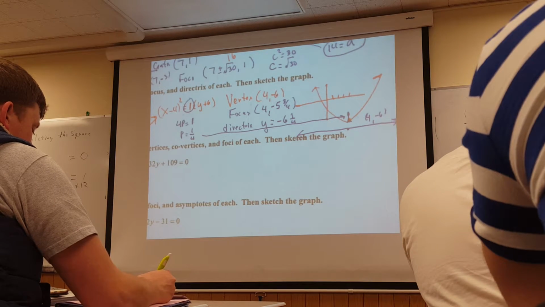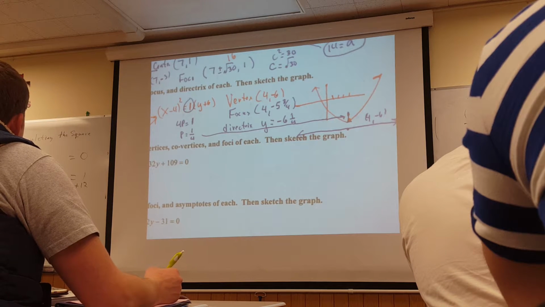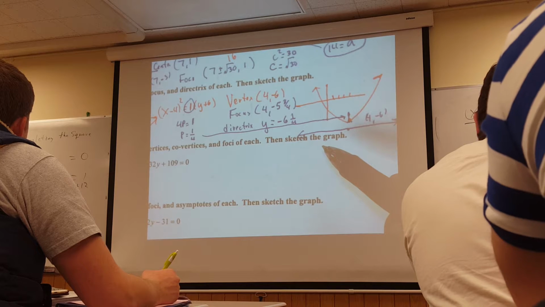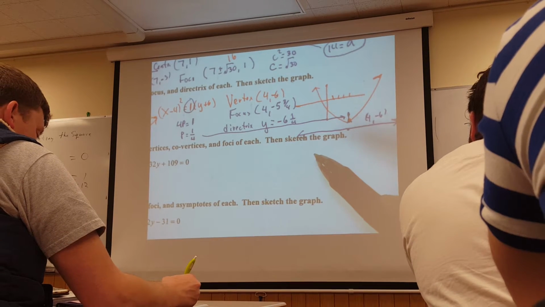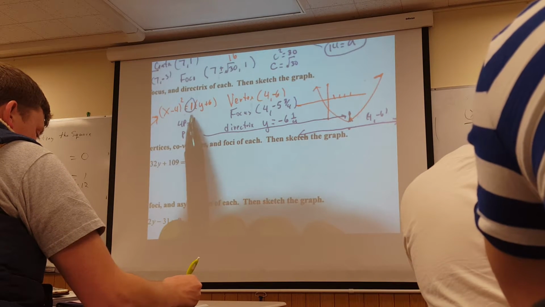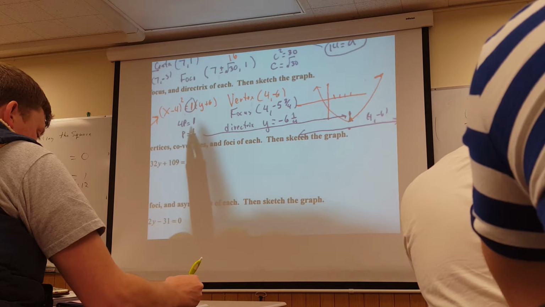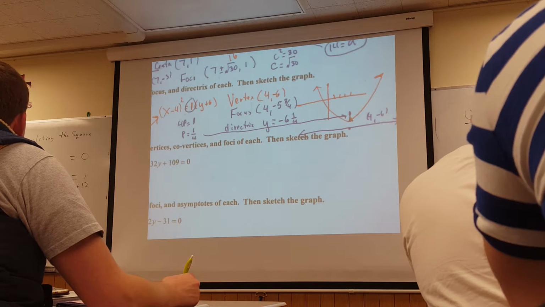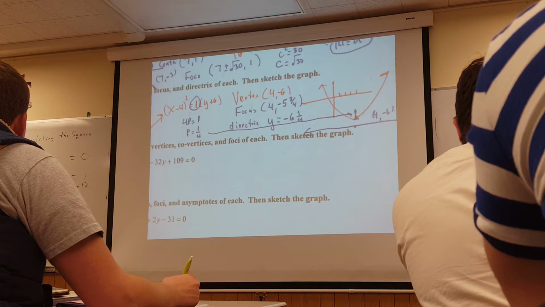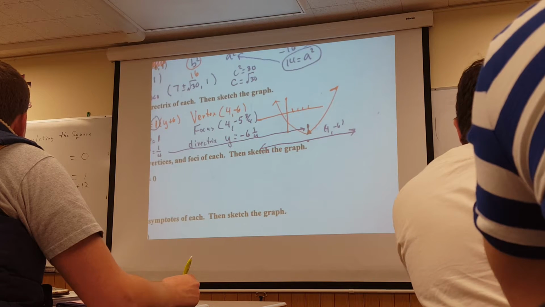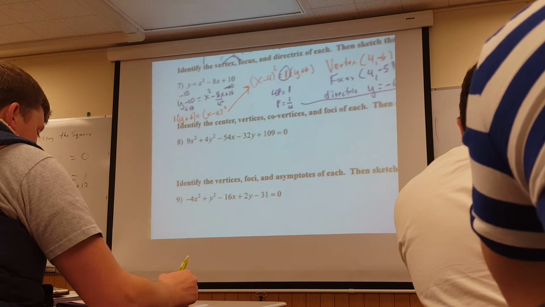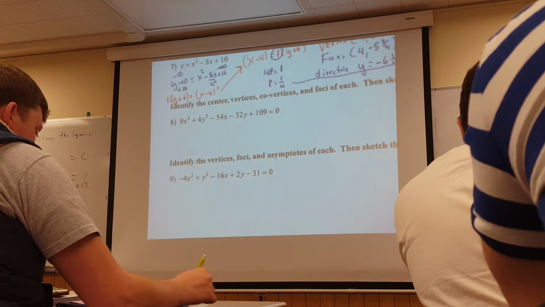Now, and you will see when we do the other two, I don't like the parabola. I don't like that P, and I don't like this, because it's not squared. For me, it's harder. Let's see what you think about it. Okay, there's your answer to this one.